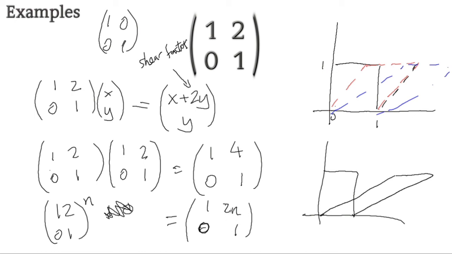So this 2 is the shear factor, and the number of times you apply this shear matrix is n. And this is just something that can help you shear in consecutive times.